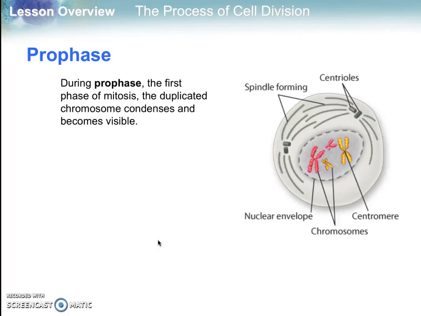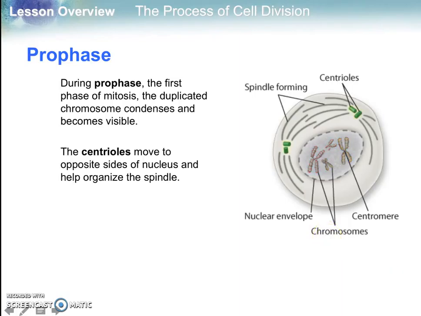So prophase. During prophase, the first phase of mitosis, the duplicated chromosomes condense and become visible. The centrioles move to opposite ends and begin to form the spindle that will organize the chromosomes.